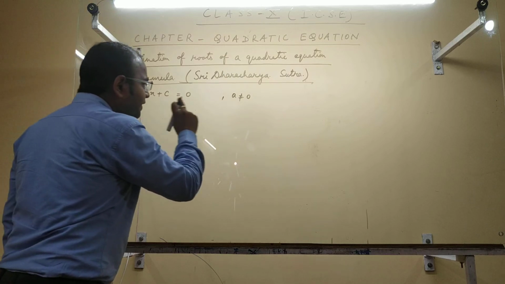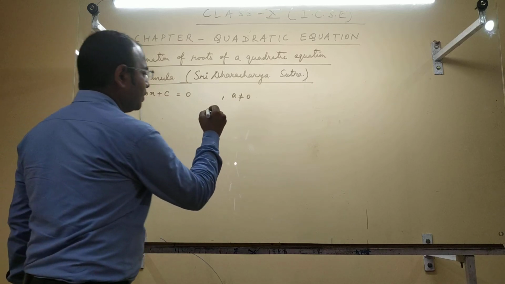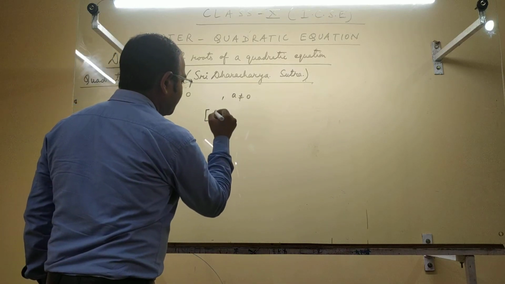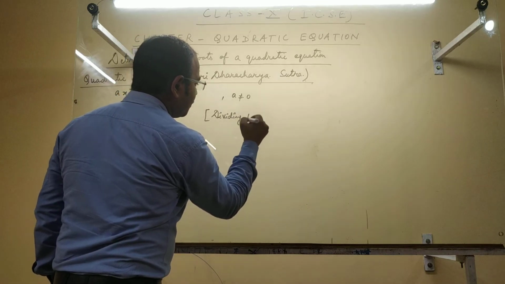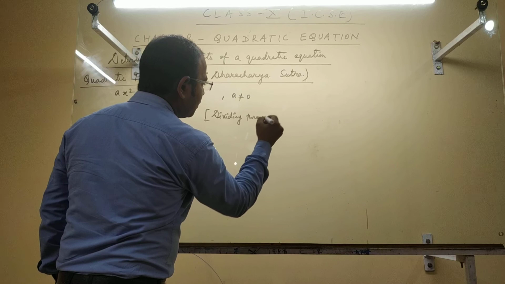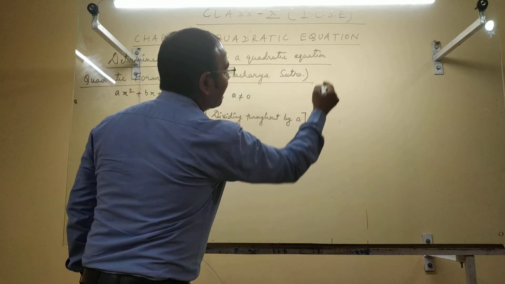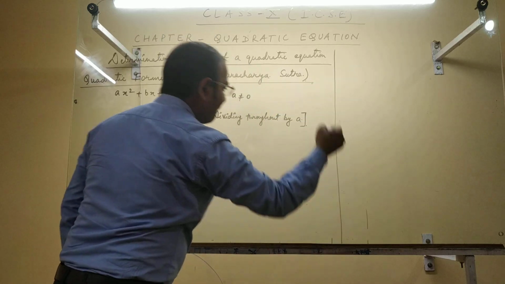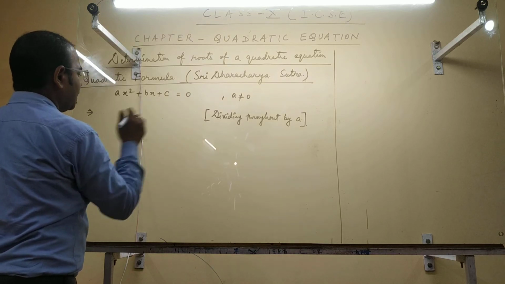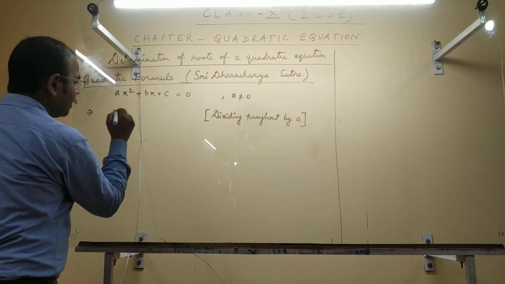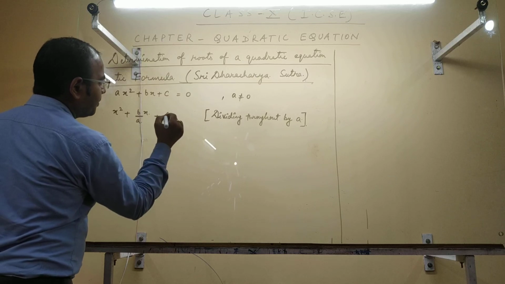Dividing throughout by a, let us divide each and every term by a. Ax square by a is x square, bx by a, plus c by a.